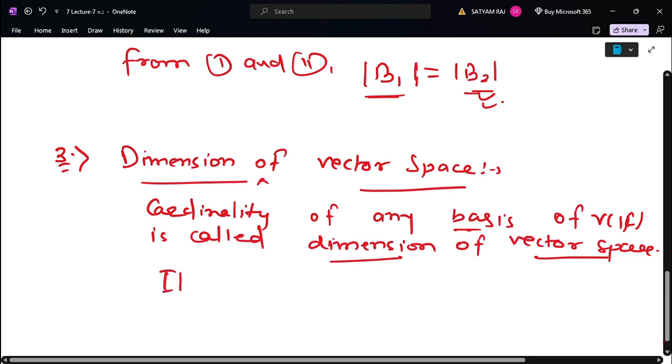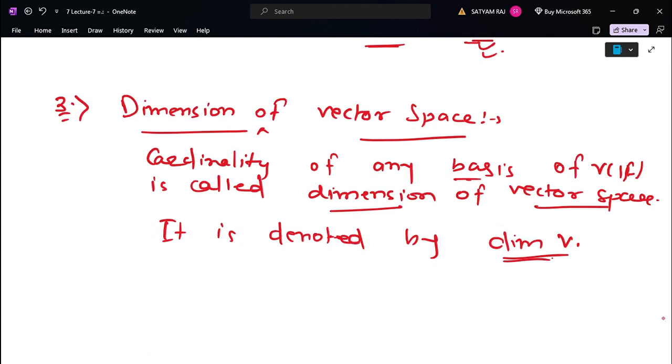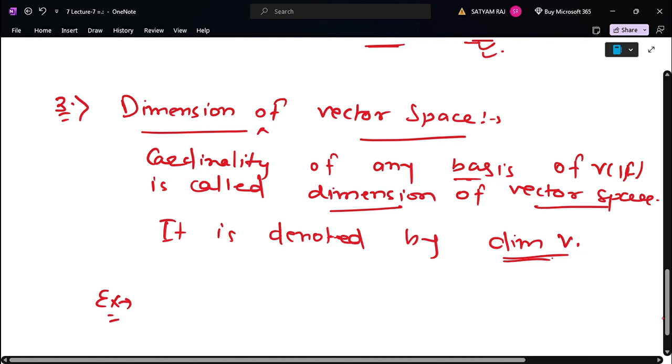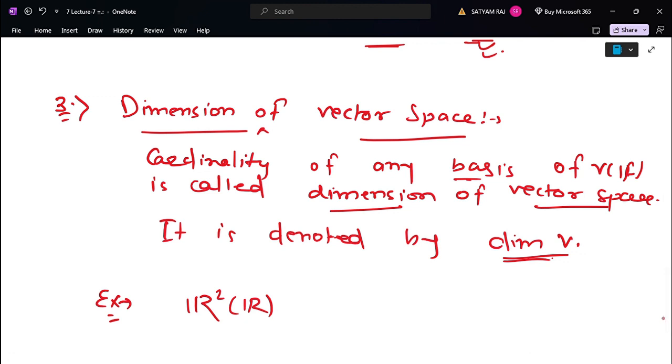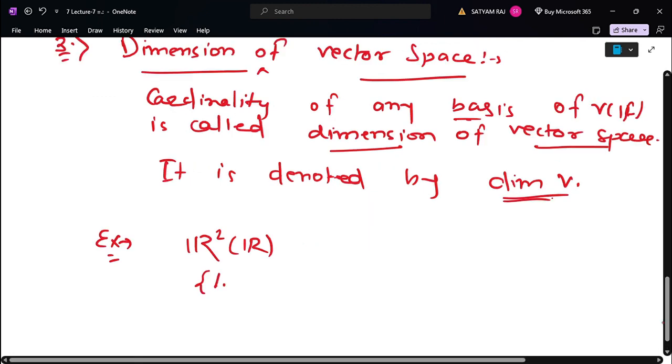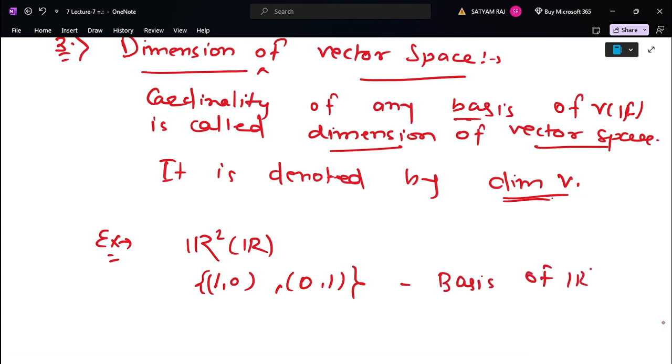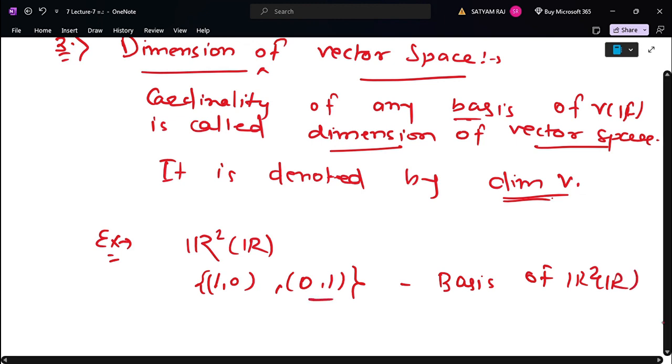It is denoted by dimension of V. So if we take an example, R square is a vector space over R, and we can show that (1, 0) and (0, 1), we have two vectors, is a basis of R square over R. We can show it is linearly independent and spans all the vectors.